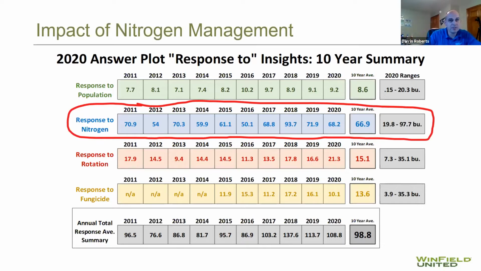Hopefully with your hybrids, you're utilizing the response to data. And this really emphasizes the point that there is quite a difference in how hybrids respond, but just drives home the point of how important nitrogen management is and how much it can impact overall crop yield. So I guess anything else to add there, Tyler, or any questions from the group?